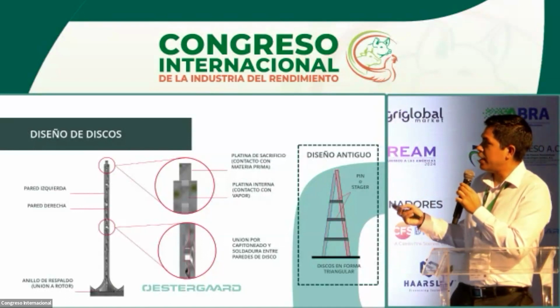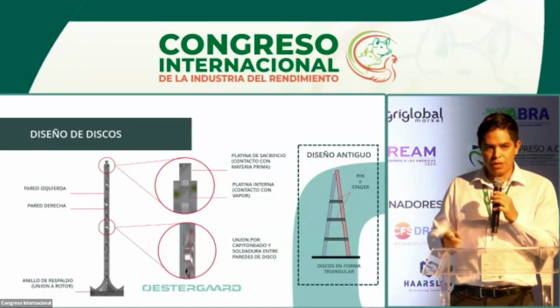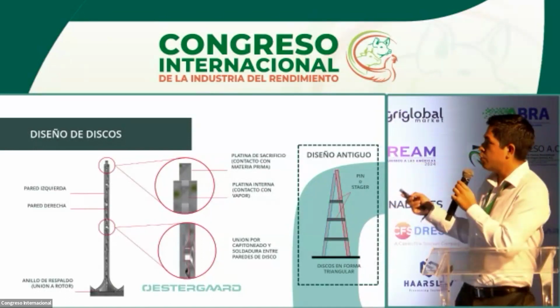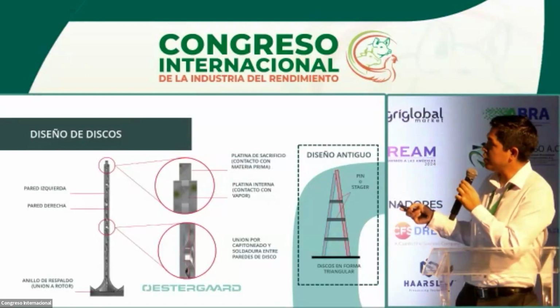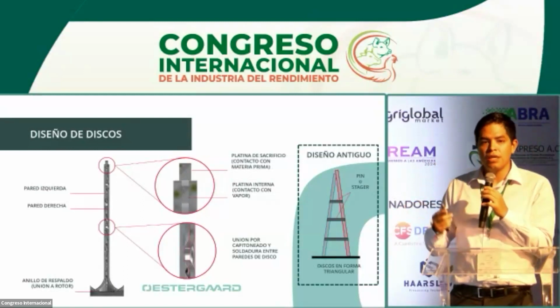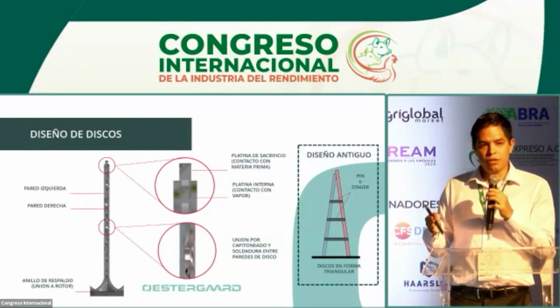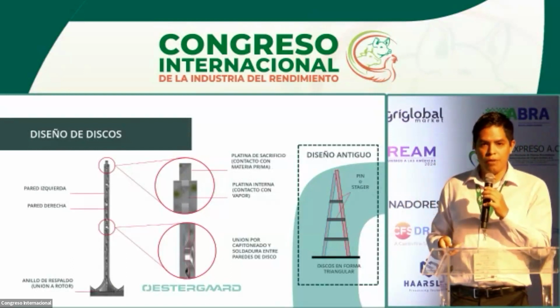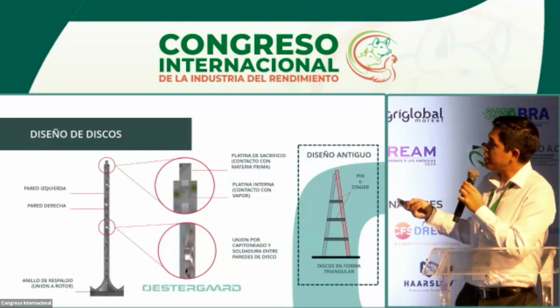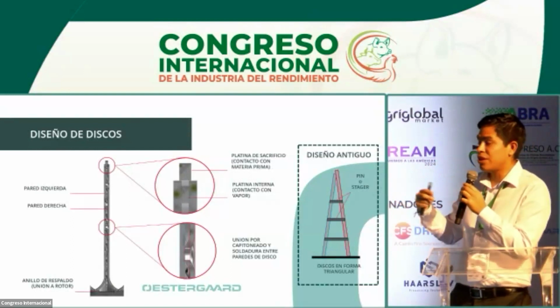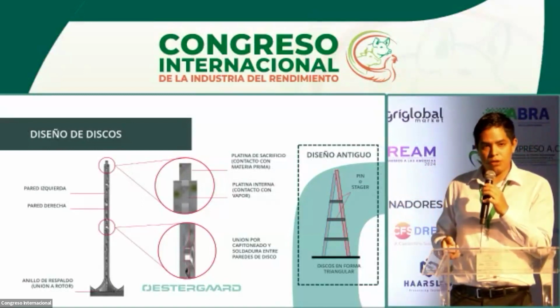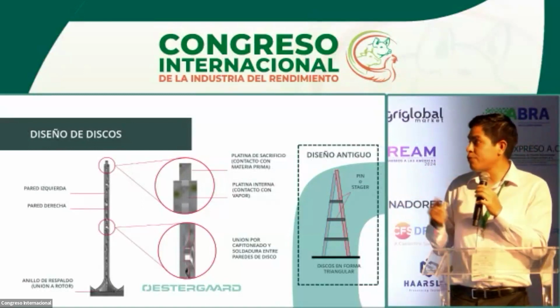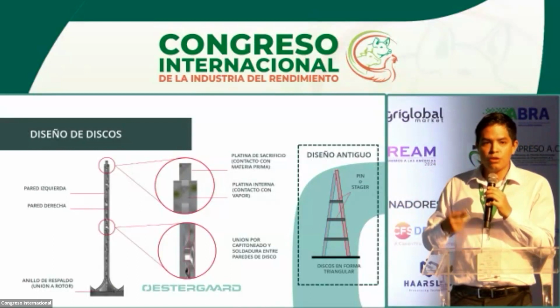the difference in design that we see is the diametral zone, the external part, far from the center. We see here metal plates, the volume containing vapor, and a second plate welded to the extreme of the walls of the discs, functioning as a sacrifice.